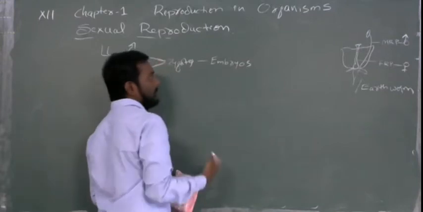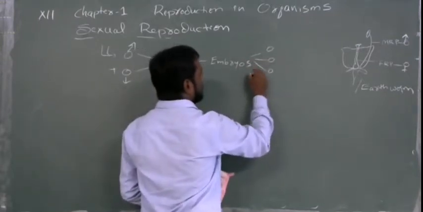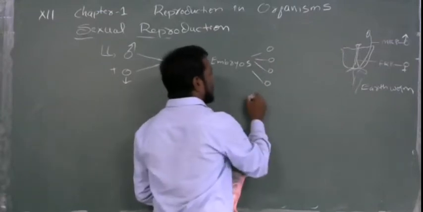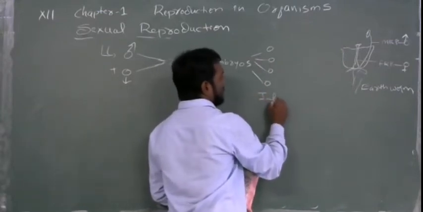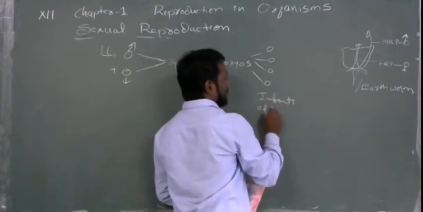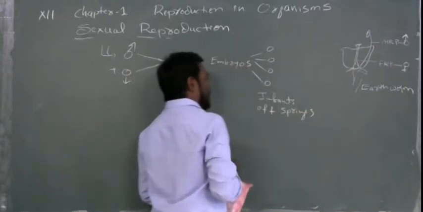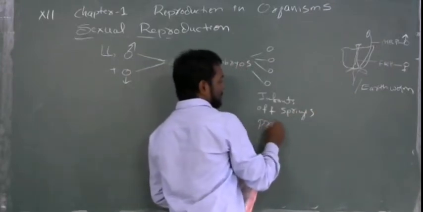And in the case of many embryos, all embryos will not be similar. These are called infants, or offspring, or the progeny.